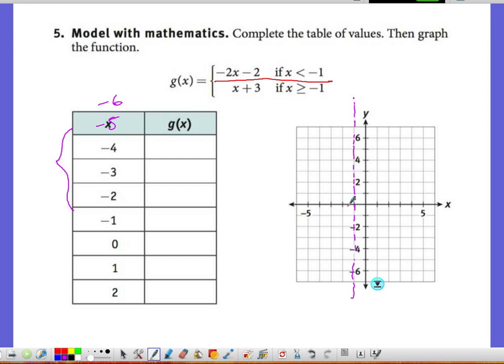And so when you graph this line, do you want to use red here? When I take these inputs right here, I'm going to input them into the first function rule.